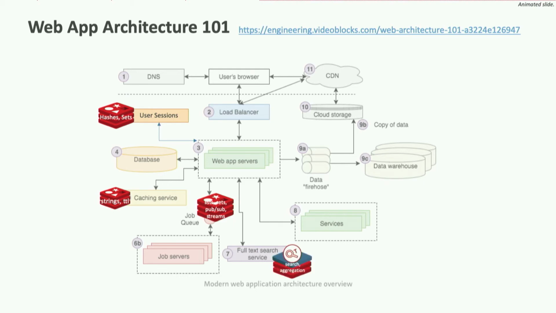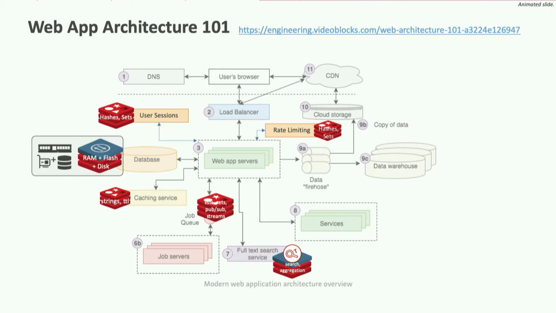For search, there is a search module available. For rate limiting, there are patterns available. If you have an API and you want to do rate limiting, you can do it with Redis. You can also use it as your primary data store. It can tier the data between RAM and flash for fast access.